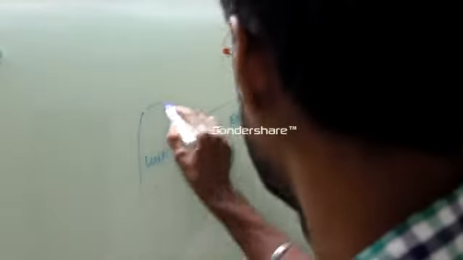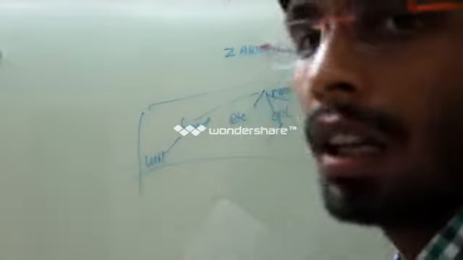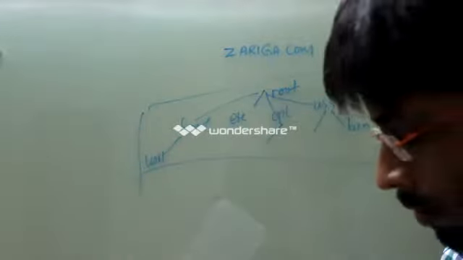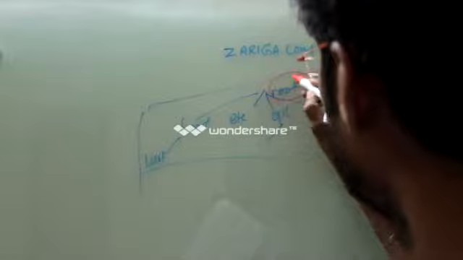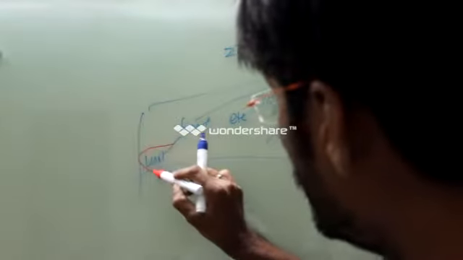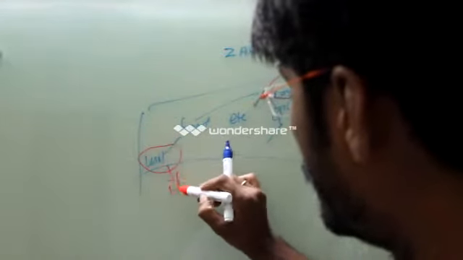So this kind of data structure is known as the hierarchical data structure, where the topmost element is treated as root and the bottommost element is treated as the leaf.